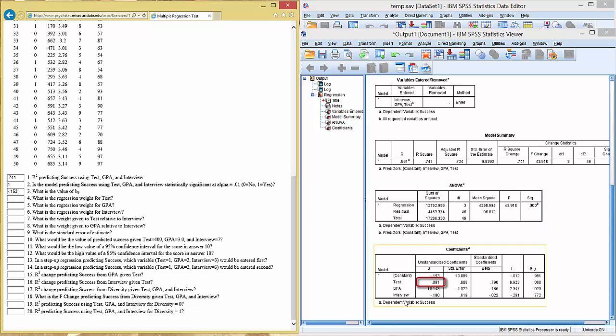The regression weight for test, 0.081. The regression weight for GPA, 10.143. The regression weight for interview, minus 0.180.